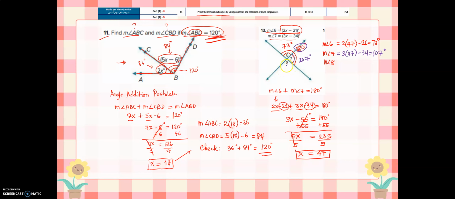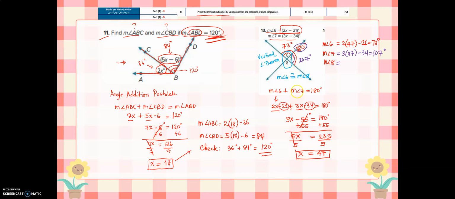Now we are left with the measure of angle 8. How are we going to solve for it? It can be seen that angle 6 and angle 8 are vertical angles. By the vertical angle theorem, the measure of angle 6 is congruent to the measure of angle 8, because vertical angles are equal.